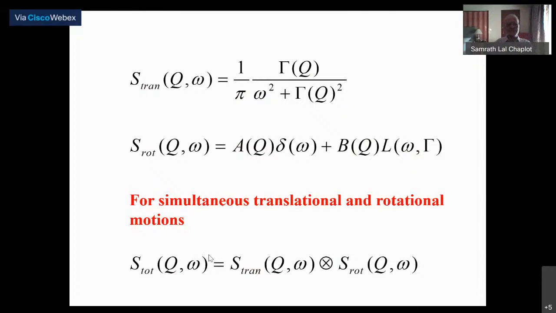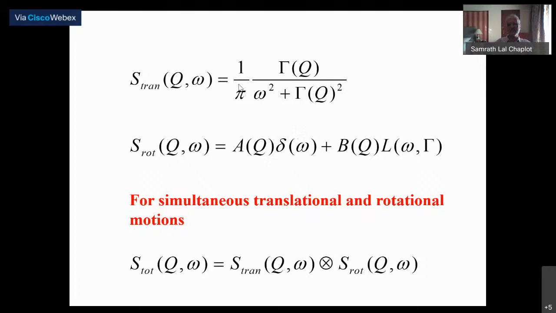Okay, if you have both translational diffusion as well as rotational diffusion, as I said, in the case of translational diffusion you don't have the elastic scattering because the atoms could be anywhere in space. There is no localization involved. If you have a localized jump motion, then this would be the form.